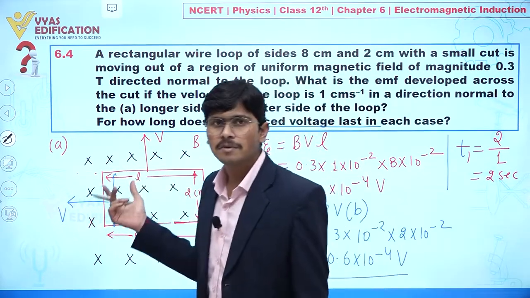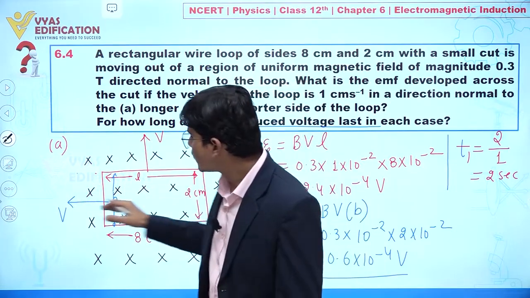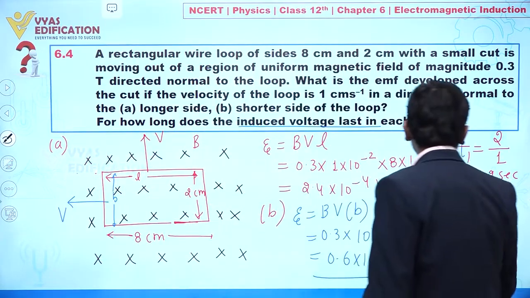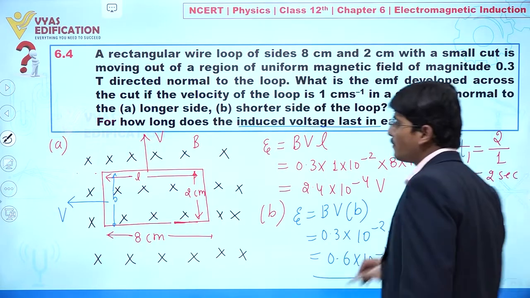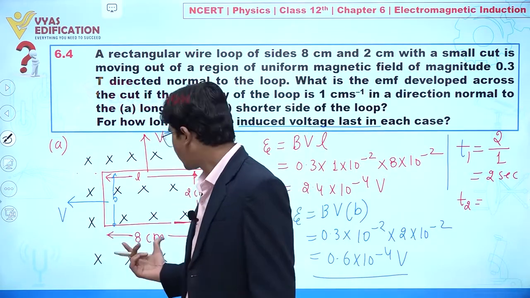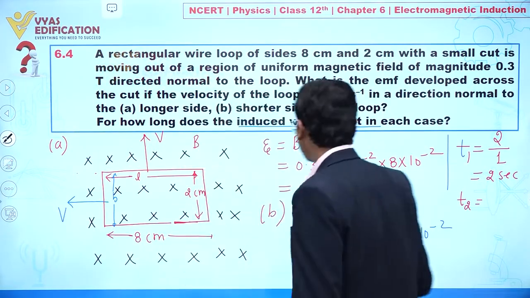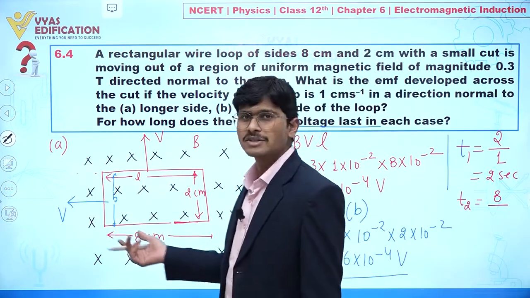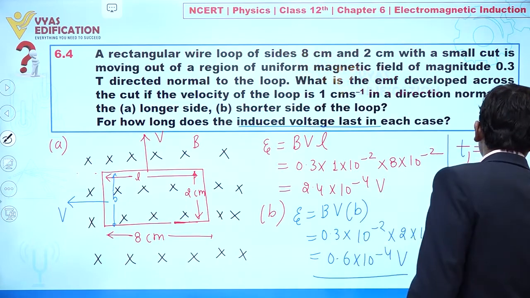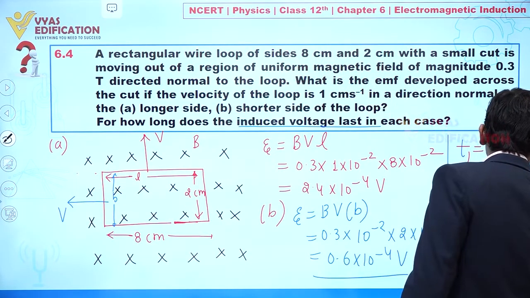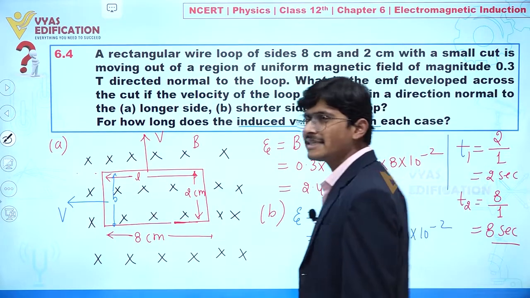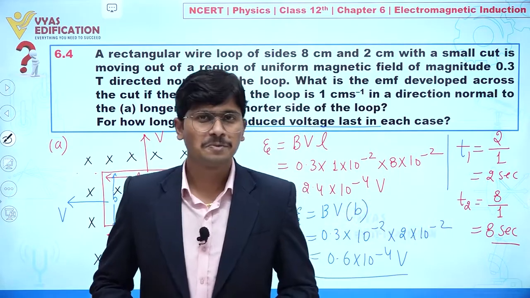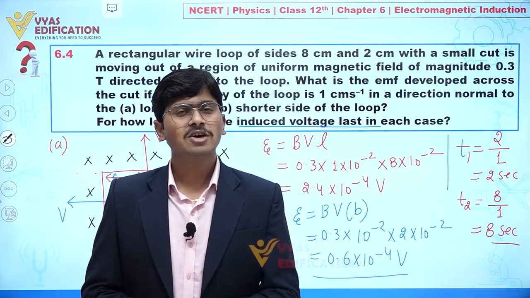What about case B? The total distance covered in the magnetic field is 8 centimeter, divided by velocity 1, so this is 8 seconds. Like this we can calculate the total time also. Okay, so this is all about the discussion.